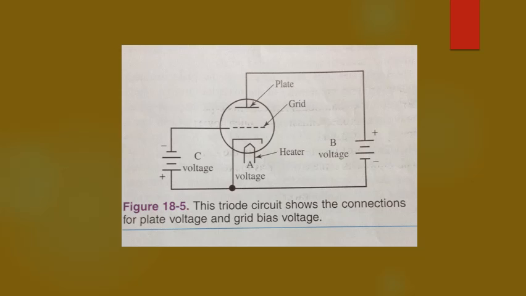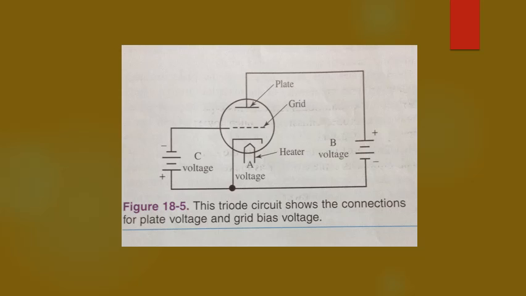Electron flow is controlled by changes in plate voltage. In the triode, the grid also affects electron flow. For example, a negative grid will repel many electrons back to the cathode. This limits the number of electrons passing on to the plate. As the grid is made more and more negative, a point is reached where no electrons flow to the plate. This is the cutoff point of the tube.